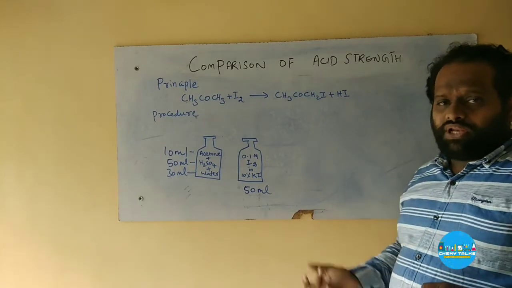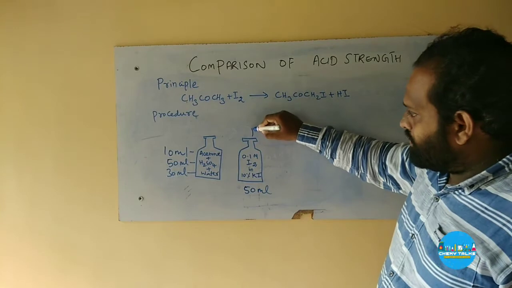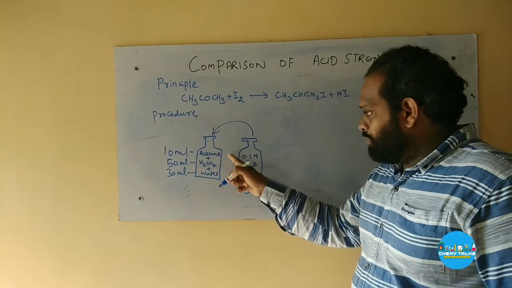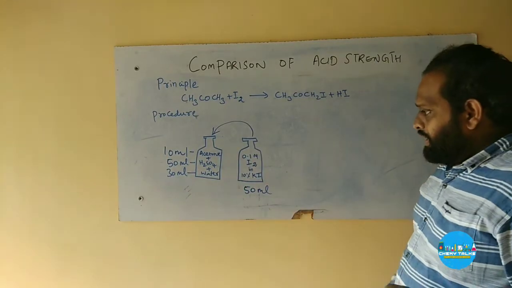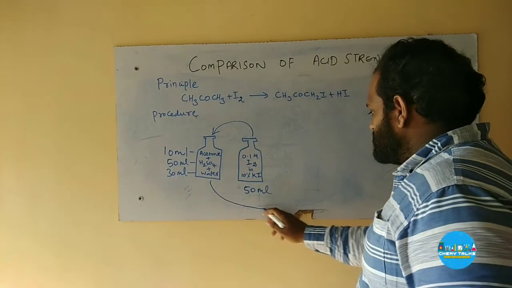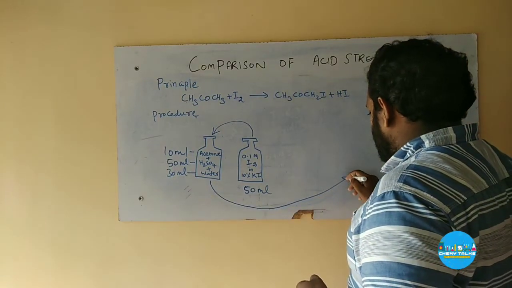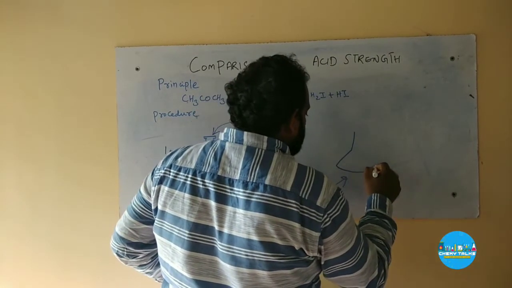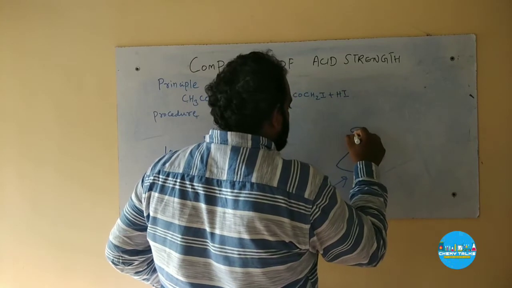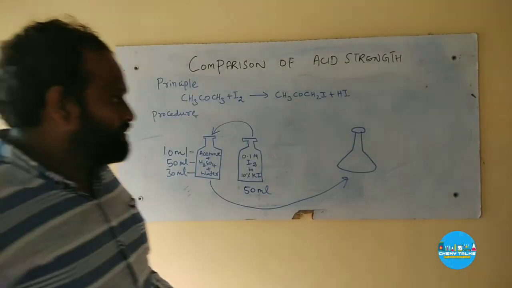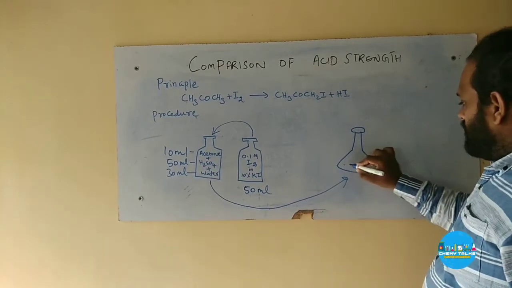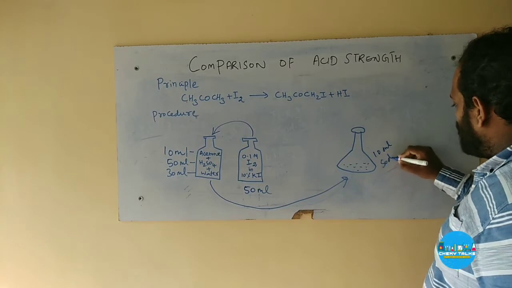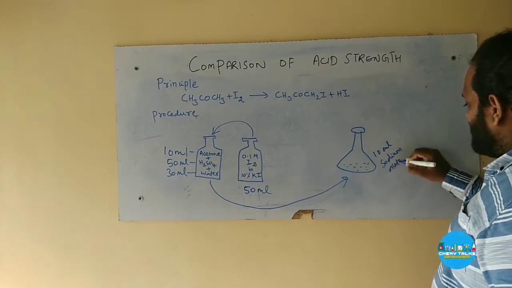After attaining thermal equilibrium, 10 ml of the iodine is poured into the bottle containing acetone. Immediately 10 ml from this content is pipetted out into a clean conical flask which already contains 10 ml of 1 normal sodium acetate.